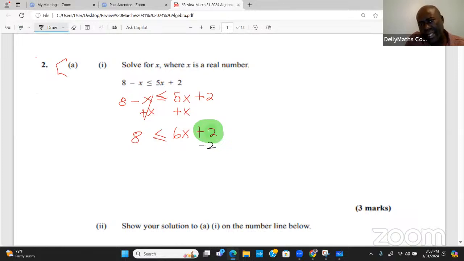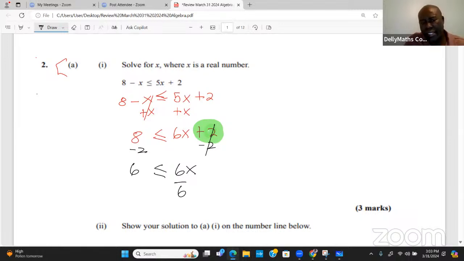Because it's positive 2, I'm going to subtract 2. So what I have left now is 6 on the left side, which is less than or equal to 6x. As you can see, 2 minus 2 is gone, and so this is what we have.